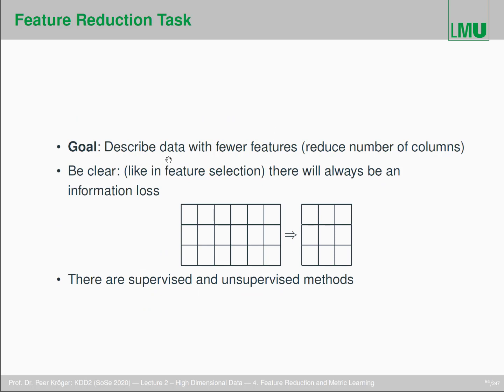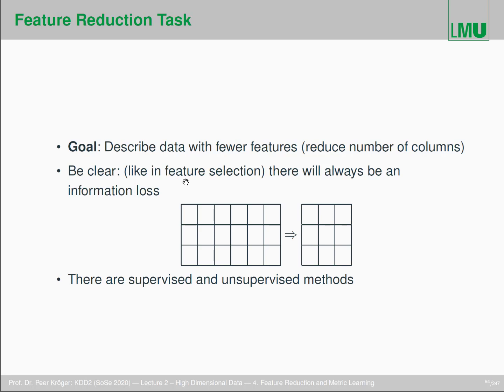So we want to describe the data with fewer features, in other words reduce the number of columns, if we think of the data set as a table where the columns are the features. If we want to reduce the features, reduce the data, we have to be clear that there will always be an information loss. Of course, that's always the case.